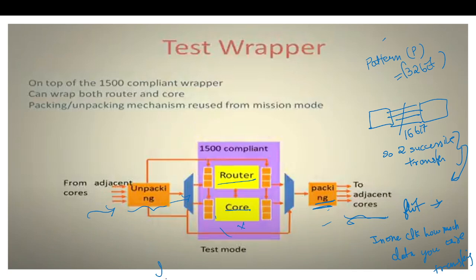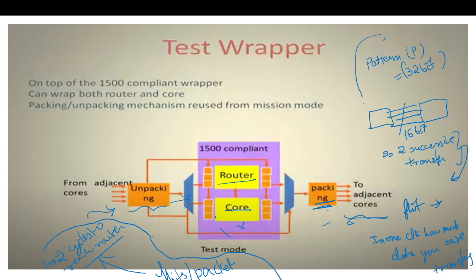So usually we have this as flits per packet, and usually it takes 1 to 5 cycles to reach the router. This is the concept of flit.